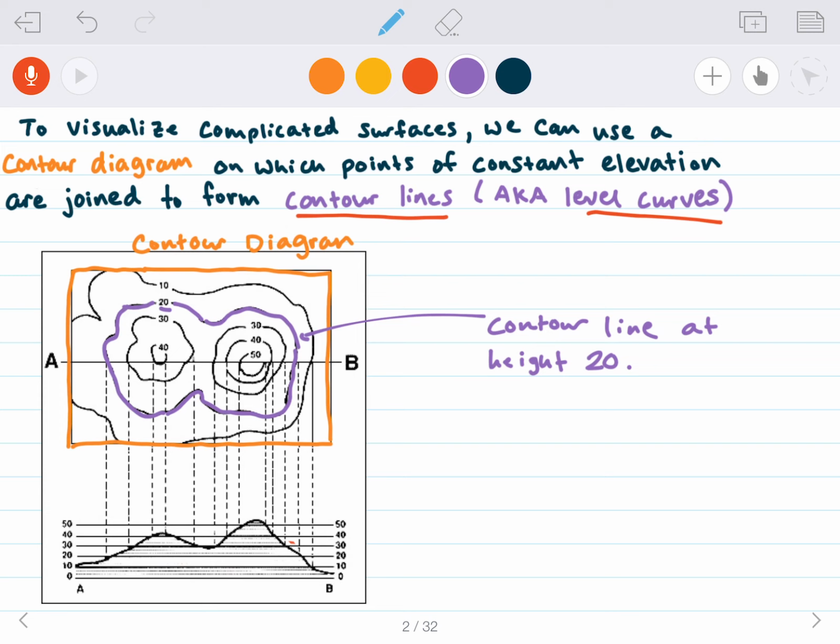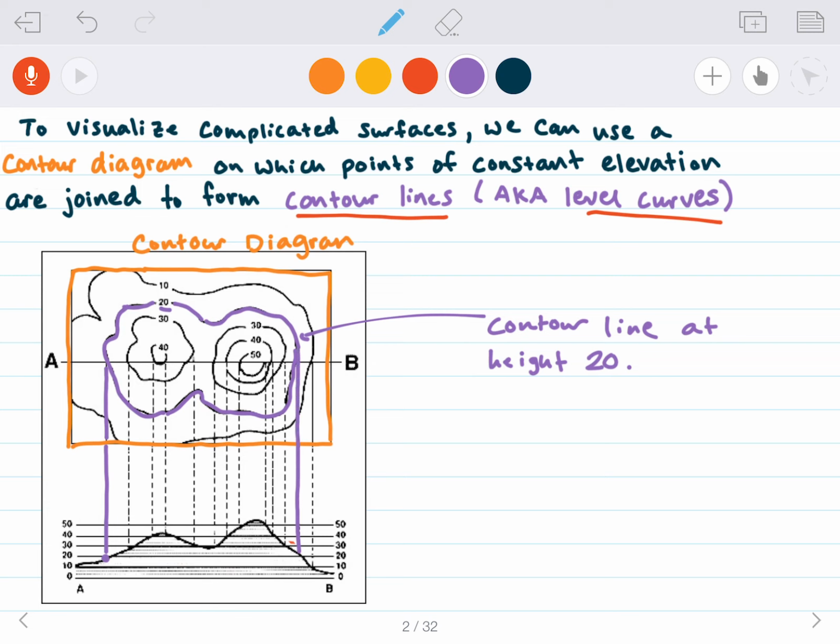Like this point right here on the mountain, if we project it upwards, we can see that it lies on the 20 curve, as well as this point right here. This point also lies on the 20 curve.